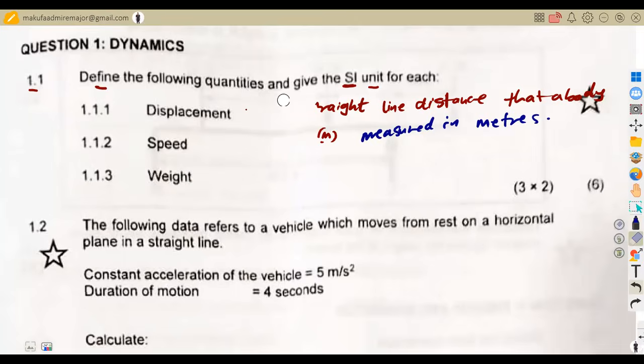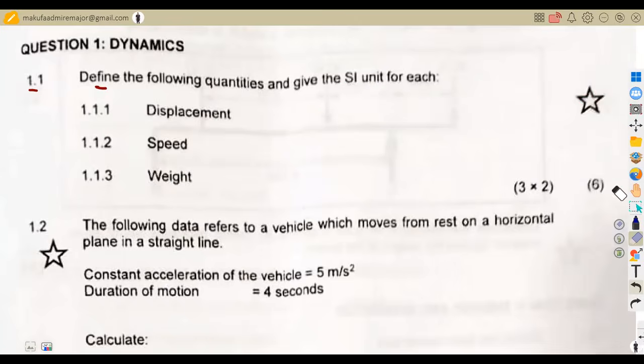Remember, if we are talking about distance, you'll be referring to the path that is moved throughout.